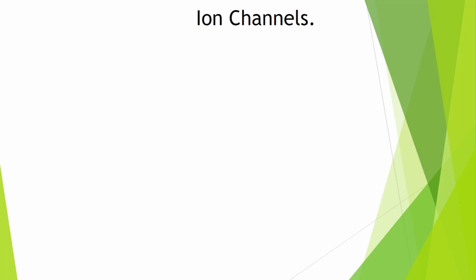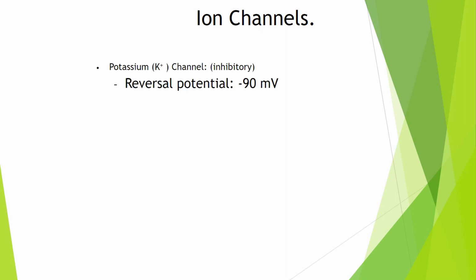So ion channels will affect the membrane potential, and this will be dependent on different ions. Let's first look at potassium, which is going to be the predominant ion that will affect the permeability and potential of that neuron.